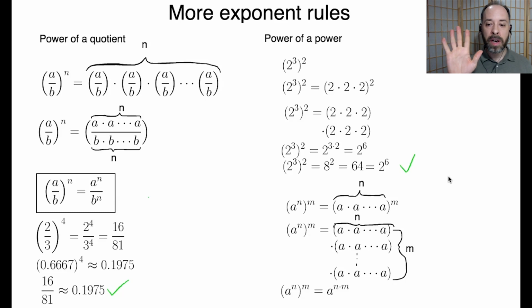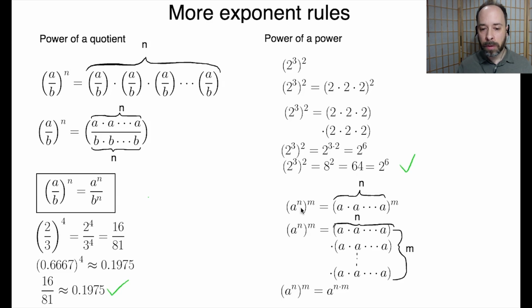That's 5 2's. So 6 2's would bring us up to 32 times 2. That's 64. And sure enough, 2 to the power 6 is the same thing as 2 to the 3 to the power 2. We see that the formula works.